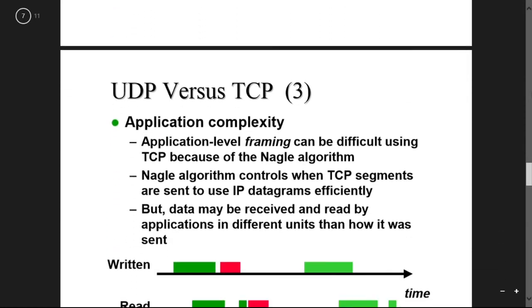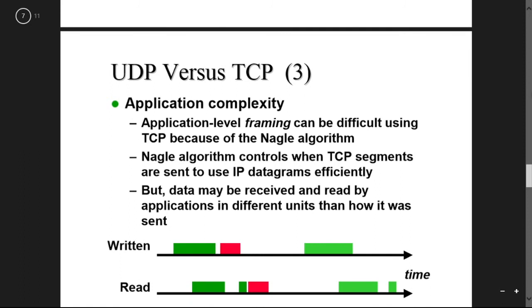Next, number 3, that is the application complexity. What does application complexity mean? Application level framing can be difficult using TCP because of the Nagle algorithm, which controls when TCP segments are sent so as to use IP datagrams efficiently.